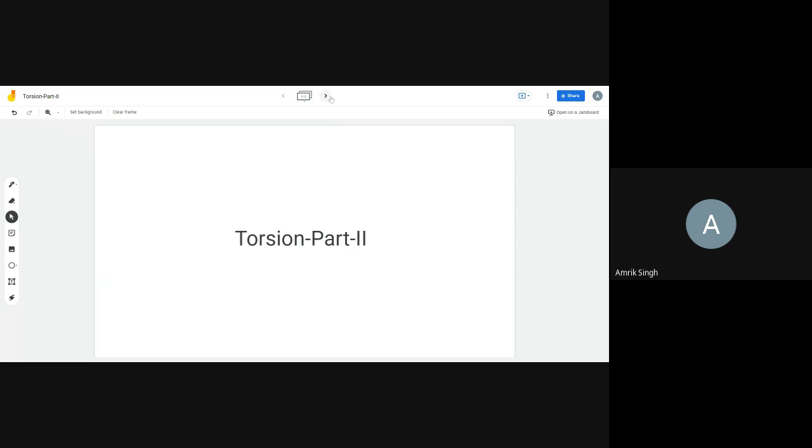So torsion part 2. First of all, we'll start with the derivation of the torsion equation for the hollow shaft.